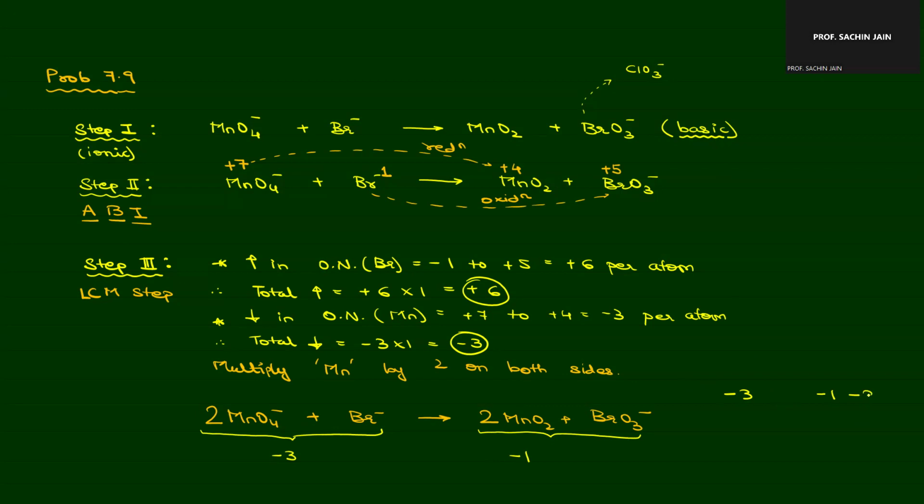The OH minus will be added on the right so that the minus 3 on the left equals minus 3 on the right. So finally, step 4 is 2 moles of MnO4 minus with Br minus, giving 2 MnO2 plus BrO3 minus and 2 OH minus.